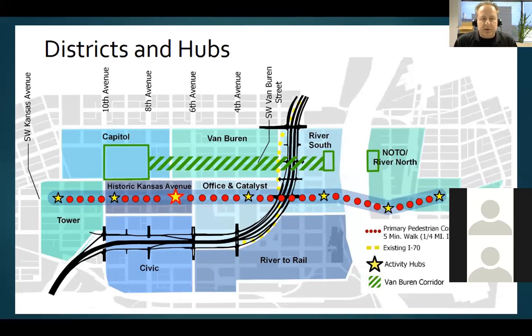It's the spine that links all these districts together. We have activity hubs along Kansas Avenue that are at 5-minute walks. That's the stars on that map. And really some of those are existing today, like the downtown plaza, which is the de facto center of downtown now at 7th and Kansas. So you can see the Kansas Avenue links these districts together.